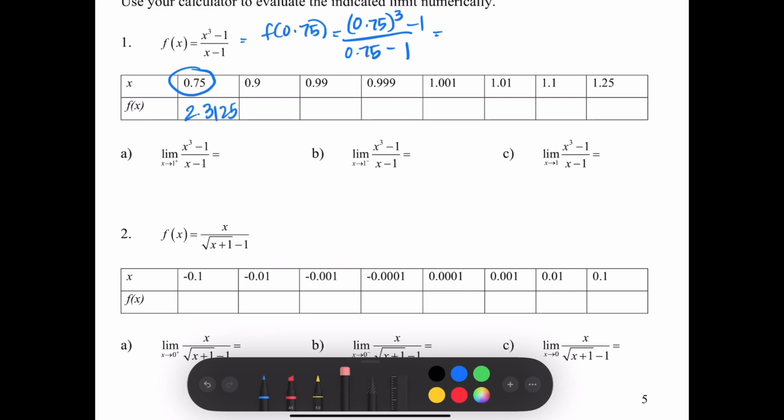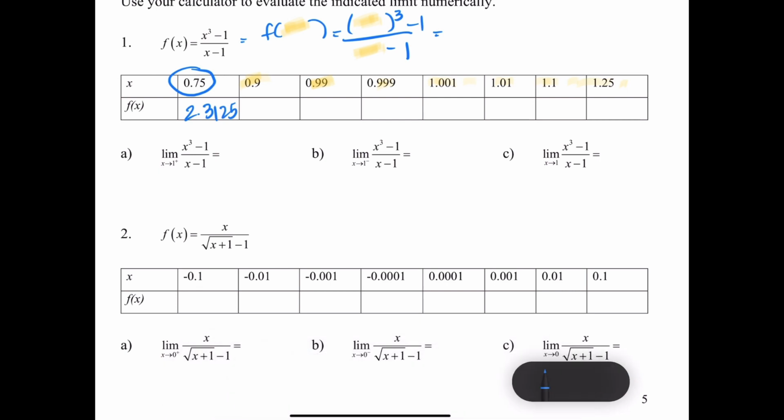So instead of 0.5, I would plug in 0.9 into here. Then I plug in 0.99, right? And so forth and so forth. I would plug in all of these x values to see what is the value of that function at those x values. Now, I'm so nice. I already did all the work for you.